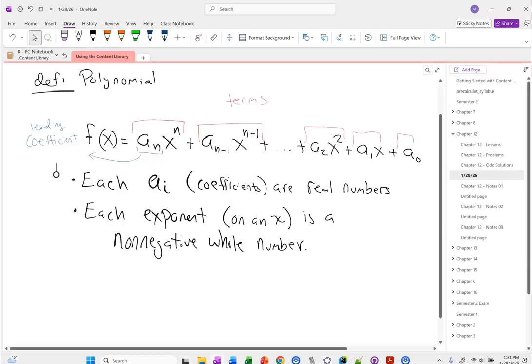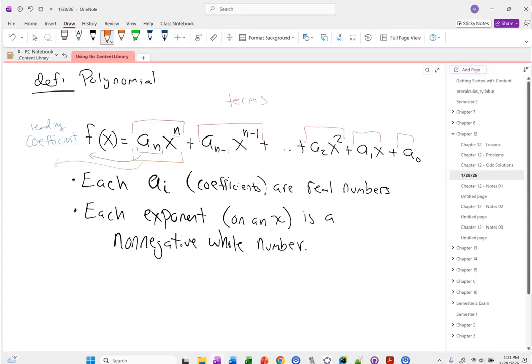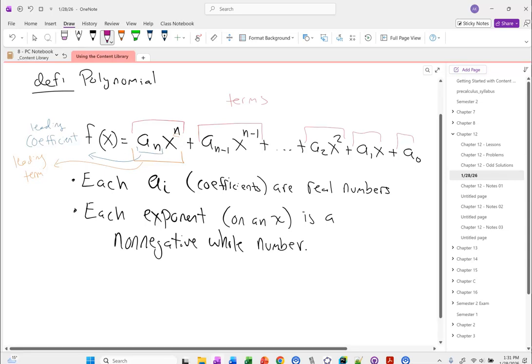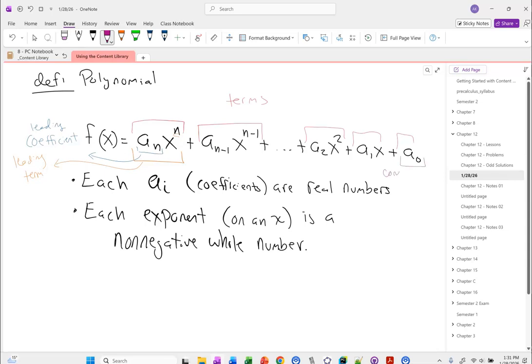Similarly, this term that has the biggest exponent is called the leading term. This one at the end is called the constant term. So just a little bit of vocab here.